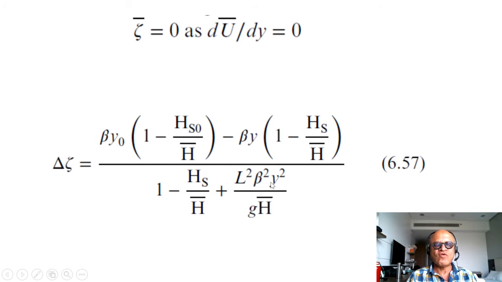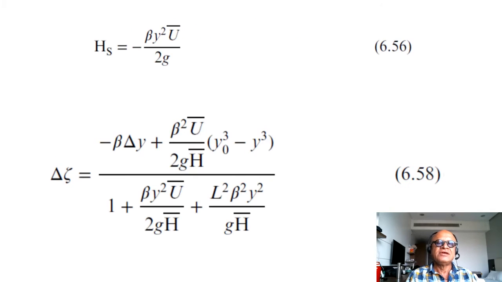So we are going to look for how the change in induced vorticity occurs when you have an easterly or a westerly basic state compared to the basic state which is stationary. So you look at Hs as minus beta y squared u bar over 2g that we just derived, plug it into this induced vorticity equation.